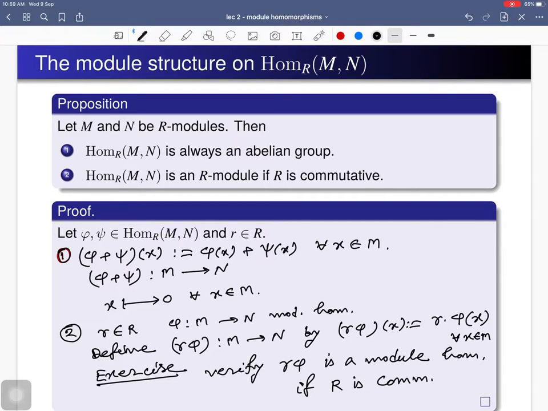You need commutativity to prove that this map is actually an R module homomorphism, and this gives the scalar multiplication, and you can verify all the other properties of scalar multiplication. So in particular this set Hom of M comma N is actually an R module when your base ring is commutative.